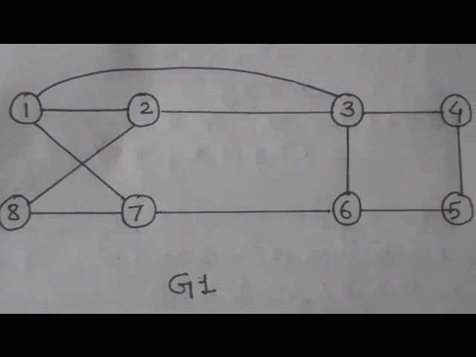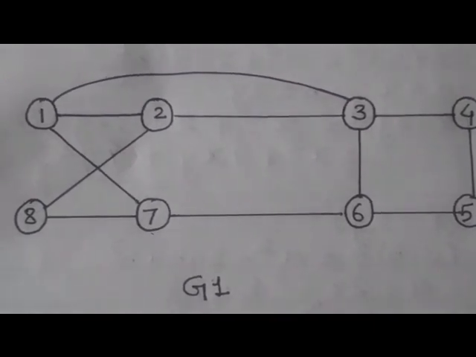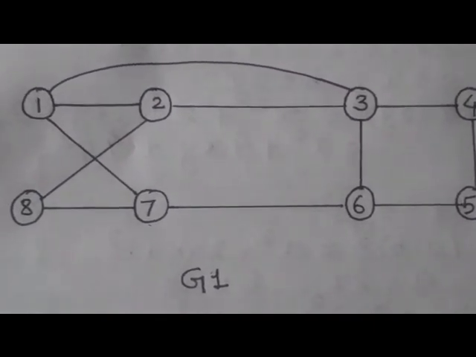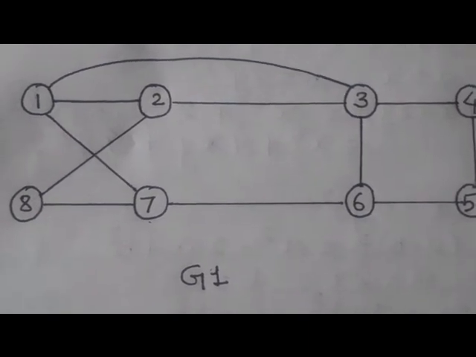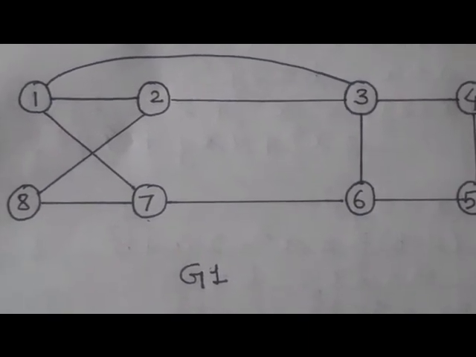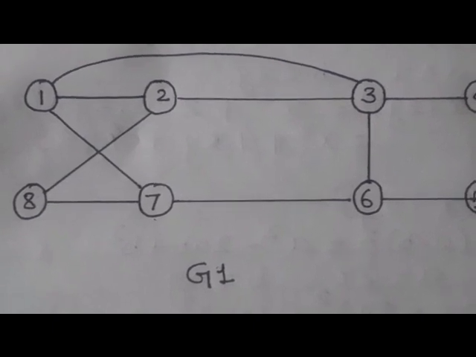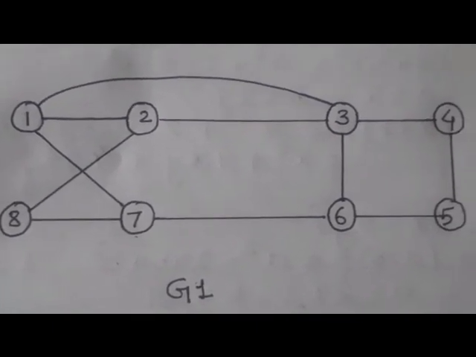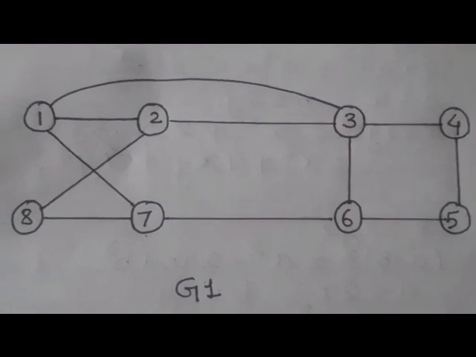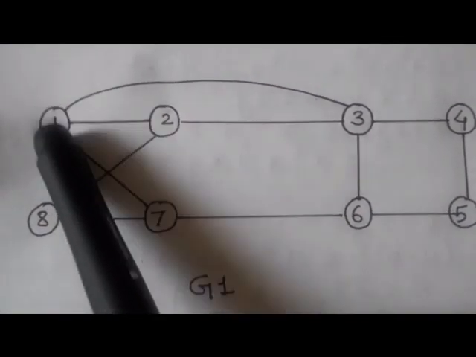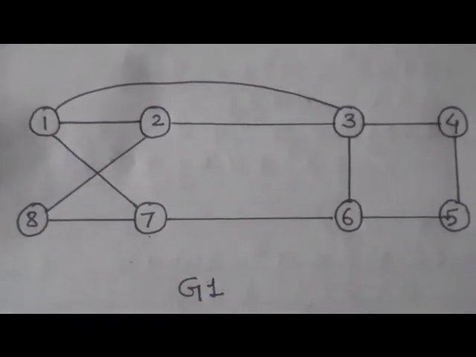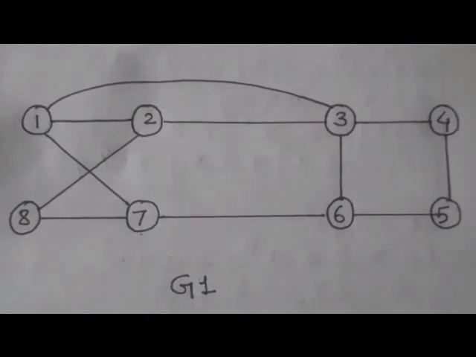Initially, the whole solution array is initialized to 0, except our starting vertex. Here we consider that our starting vertex is 1, so the first entry is 1.